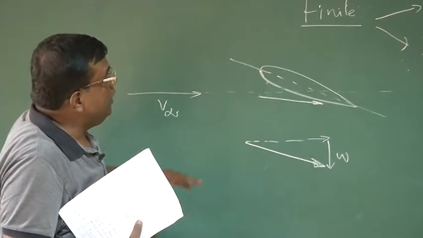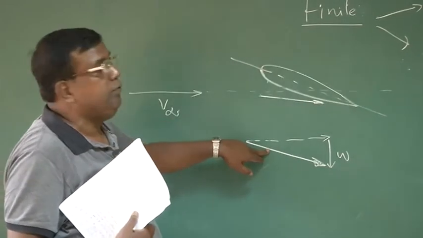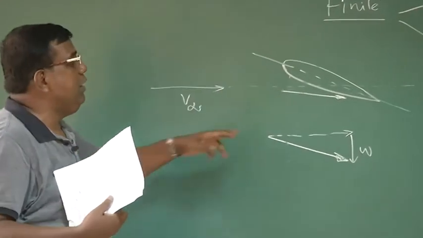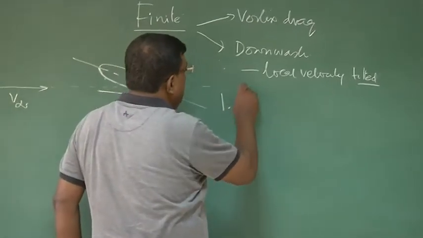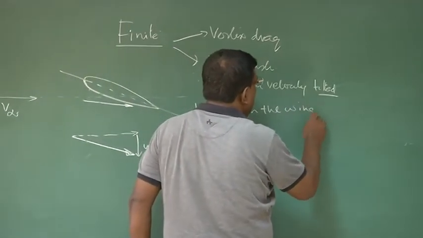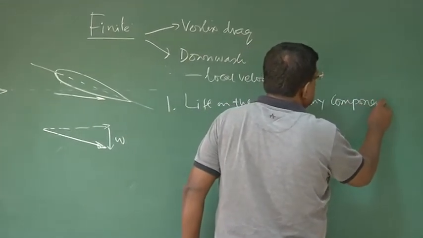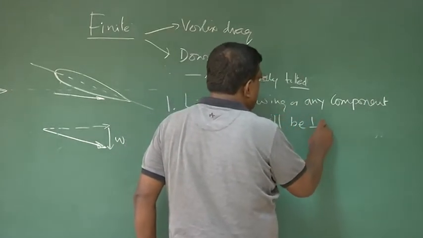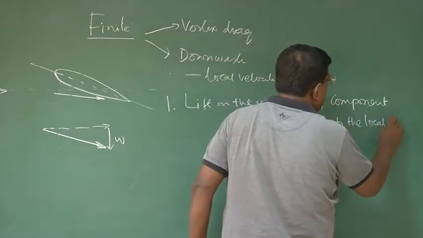Now the question is, when I try to find lift on this wing, the lift will be perpendicular to the local flow condition. But we define drag and lift of the whole airplane based on free stream condition. This is very important, to be noted down. The lift on the wing or any component will be perpendicular to the local velocity.